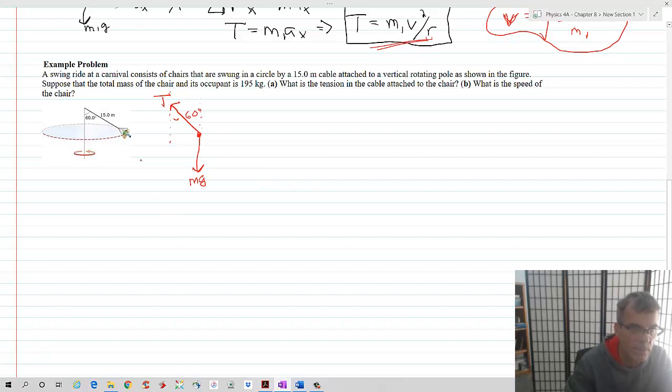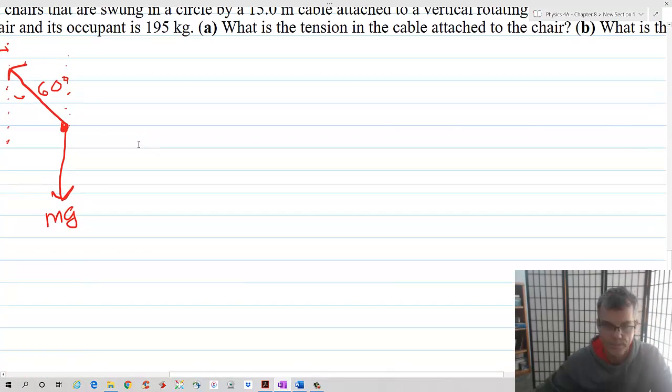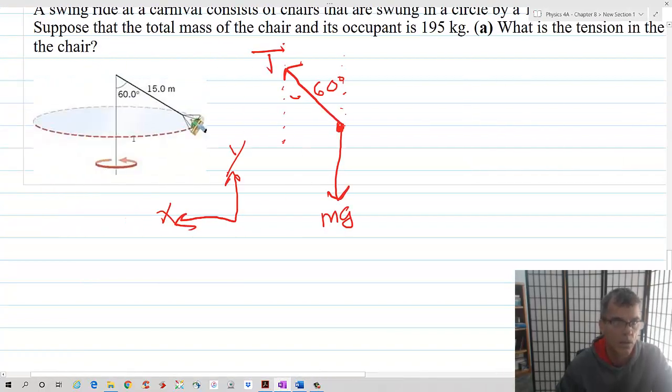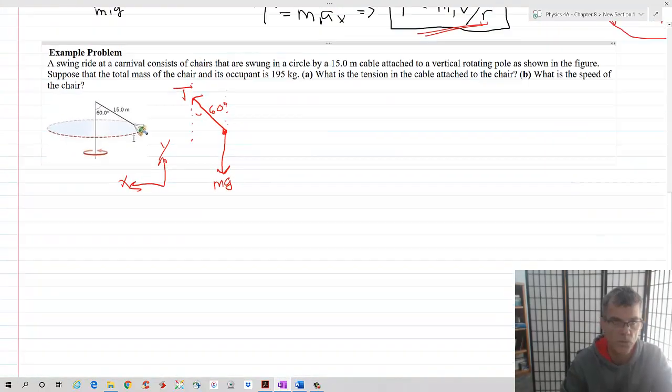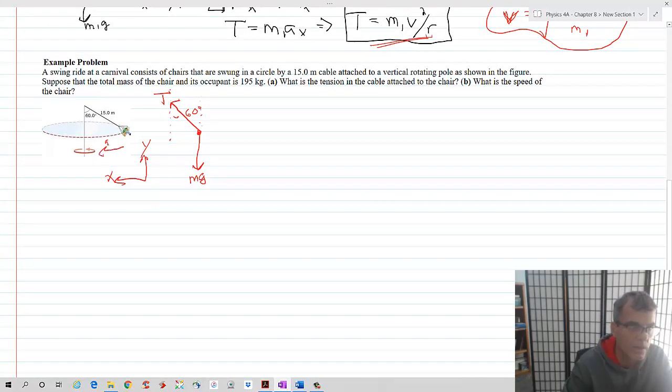To be specific, I'm going to define my y component as positive straight up, my x component as positive to the left, because that's the direction of the acceleration. The acceleration is v squared over r to the left.